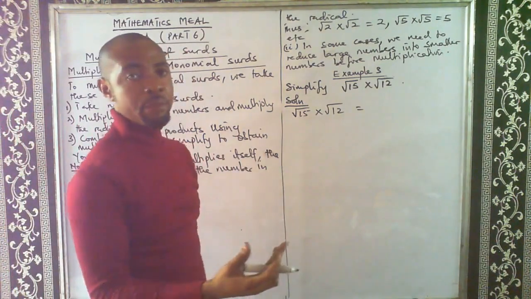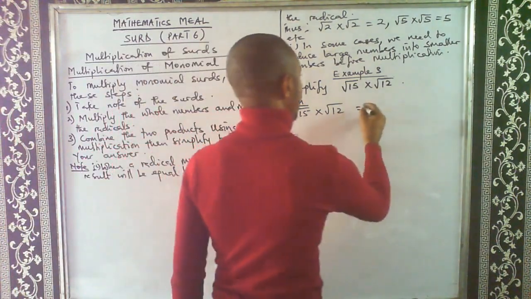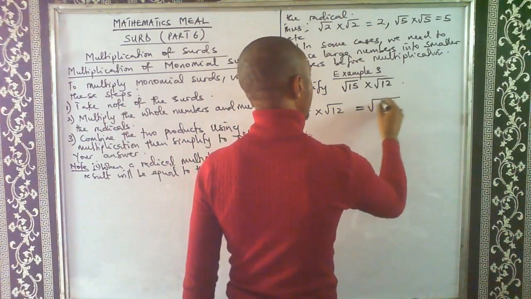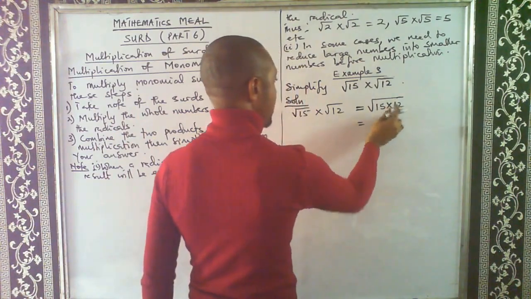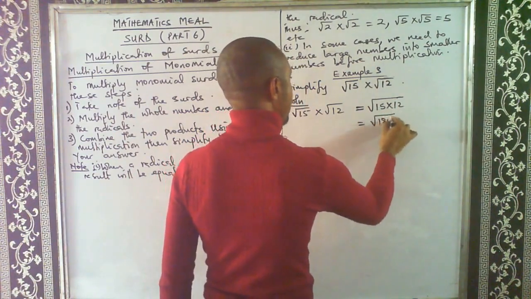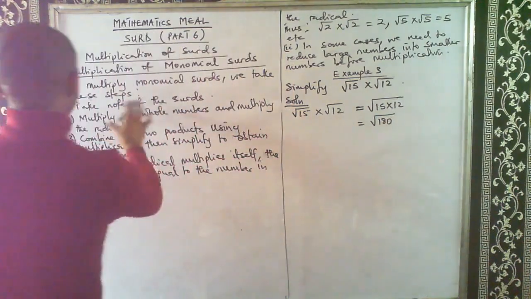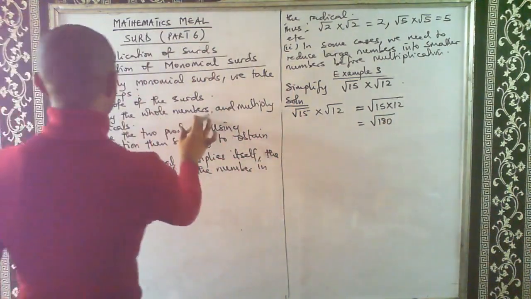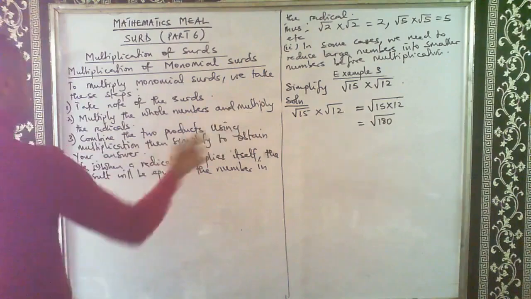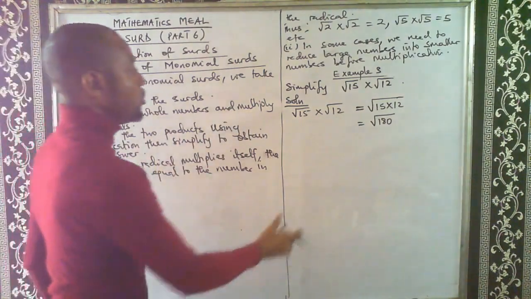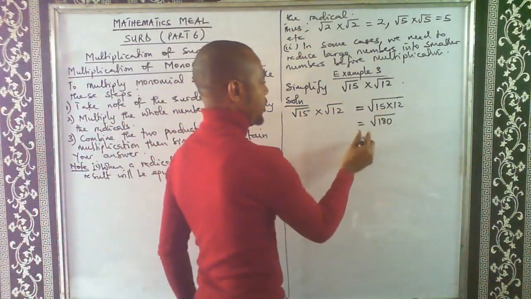We'll have a large number, but let's try that. We're going to have a square root of 15 times 12. If you multiply this, we're going to have square root of 180. We took note of the surd. There is no whole number to multiply, so we multiply the radicals. Yeah. There's nothing to combine, so we just simplify the result.